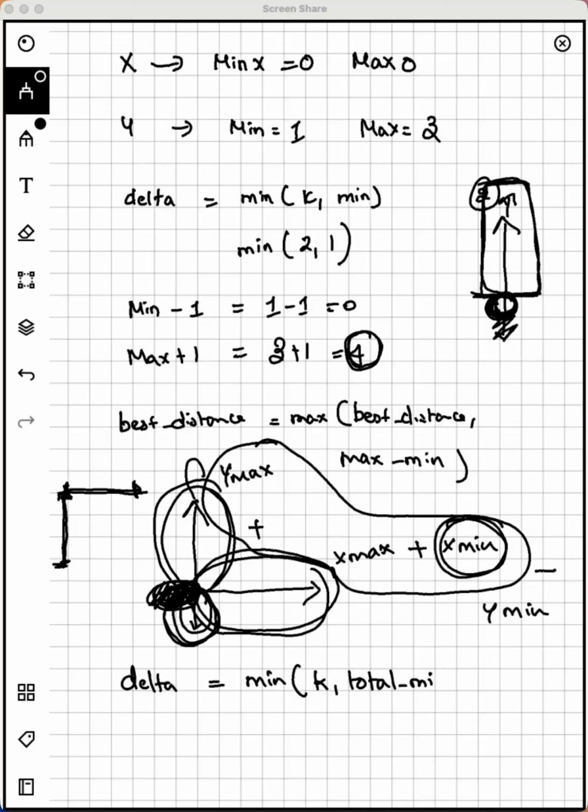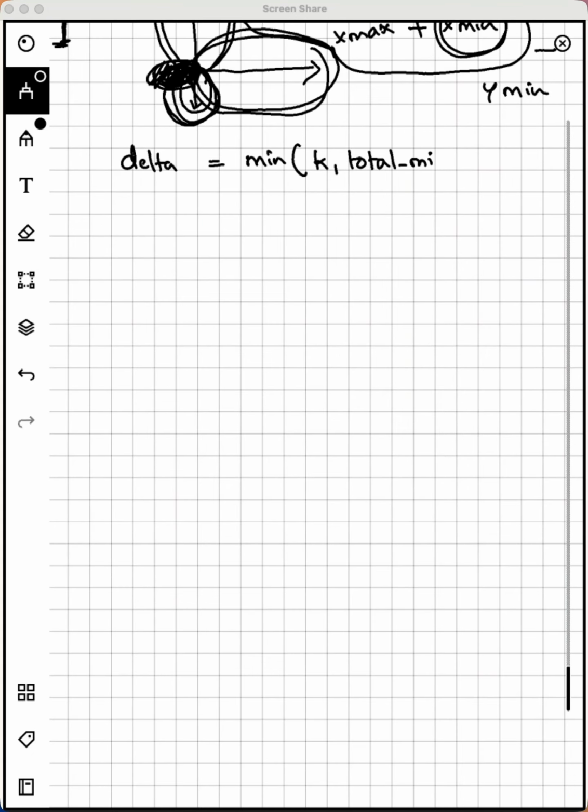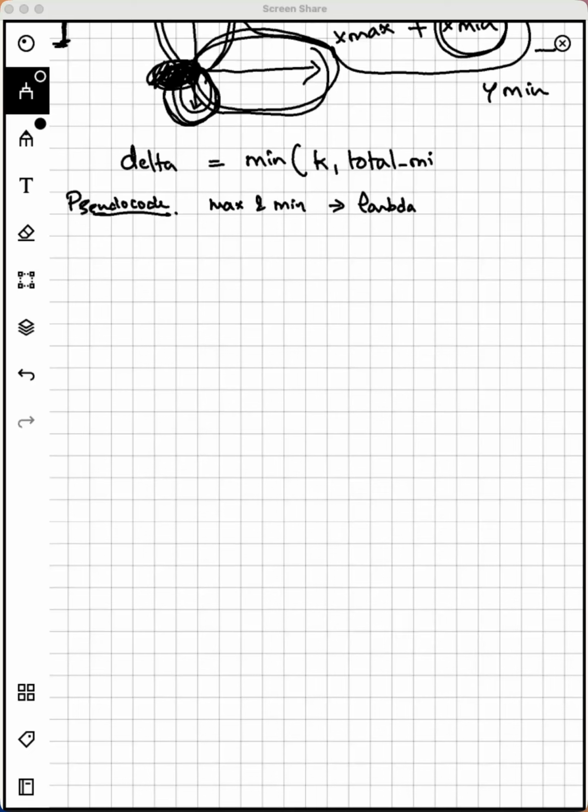Let's move into writing the pseudocode for this. I am also going to follow another very interesting trick that I've learned recently from Larry's videos, which is that instead of using max and min, you can write lambda functions.